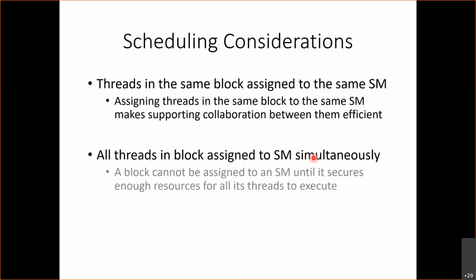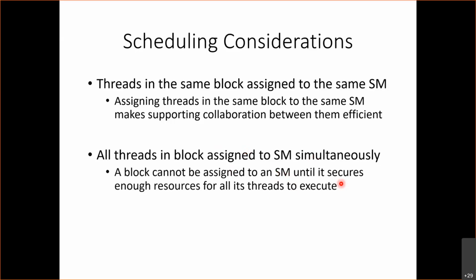The block cannot be assigned to the SM until it secures enough resources for all of its threads to execute. So if I have 1,024 threads, and I find an SM with 1,024 thread slots free, I can assign my threads to that SM. If I don't, I have to wait.